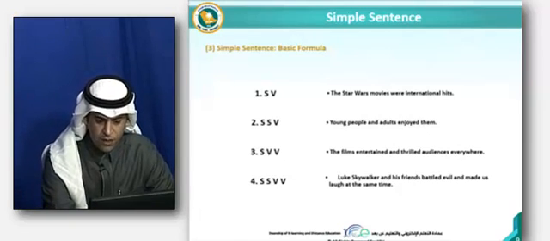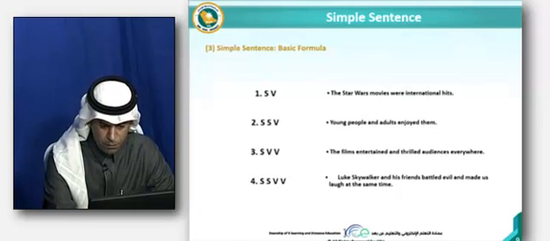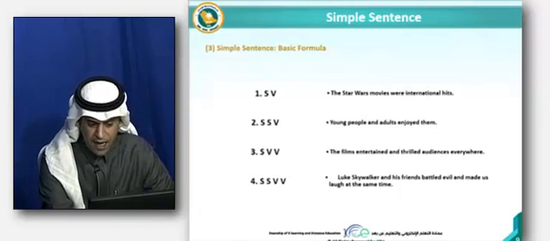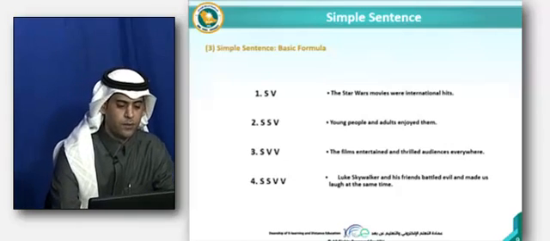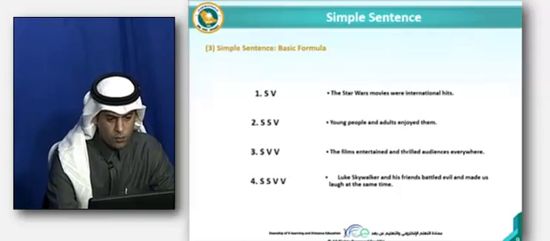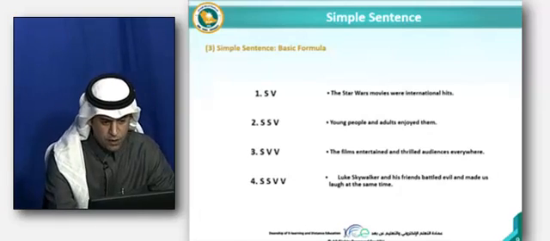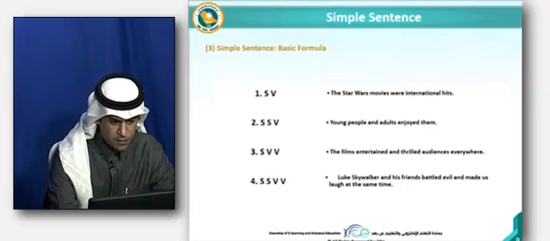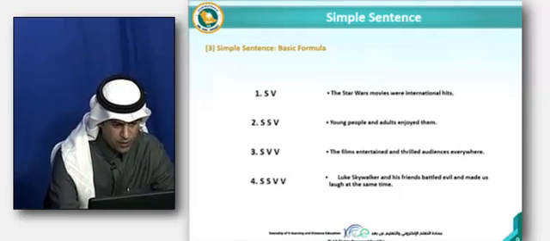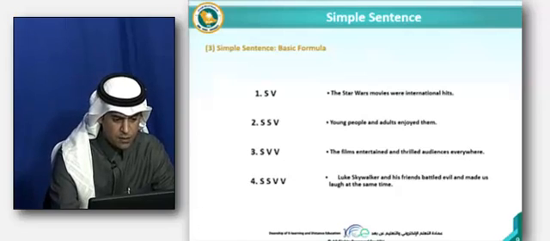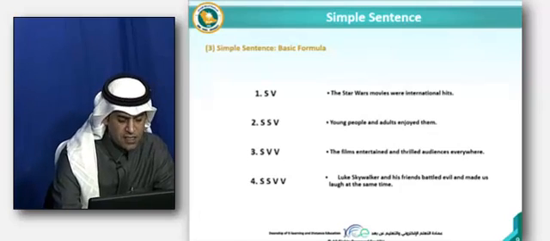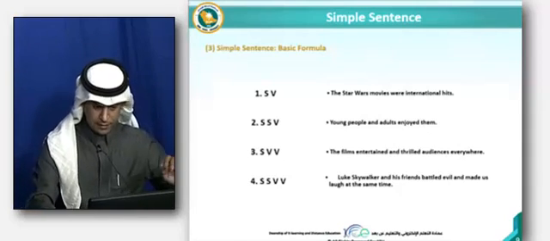As for the verbs, battled is the first verb, and made is the second verb. So one more time, we have four possibilities for the simple sentence in English. S stands for the subject: just one subject and a verb; or two subjects and one verb; the third possibility, one subject and two verbs; or two subjects and two verbs.